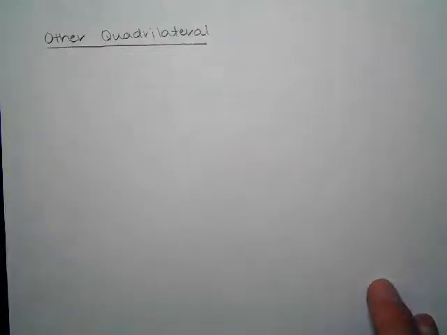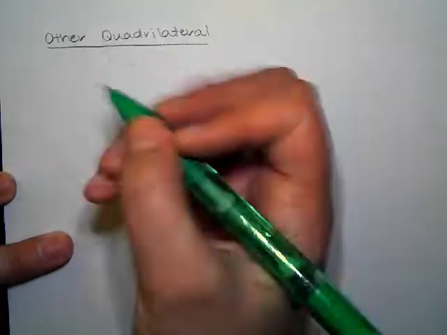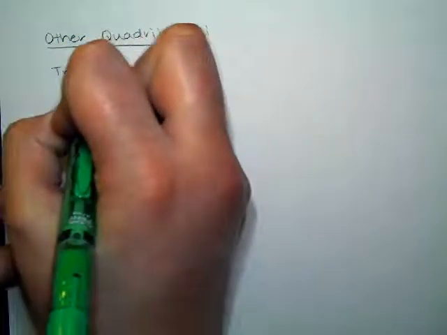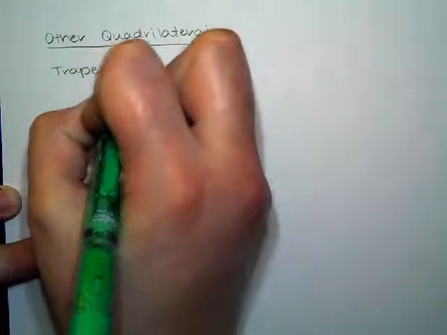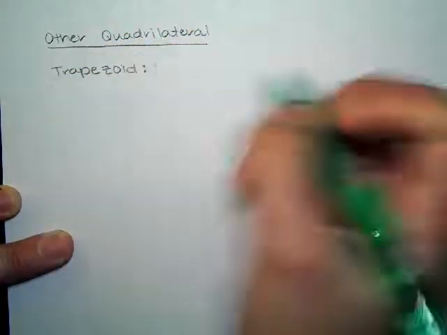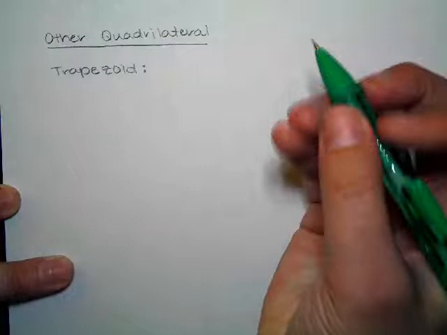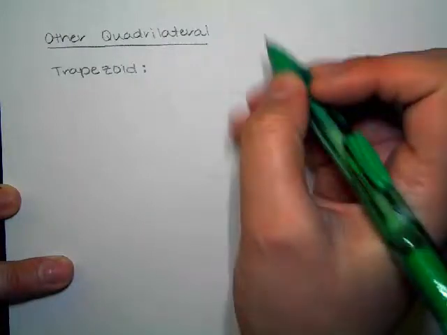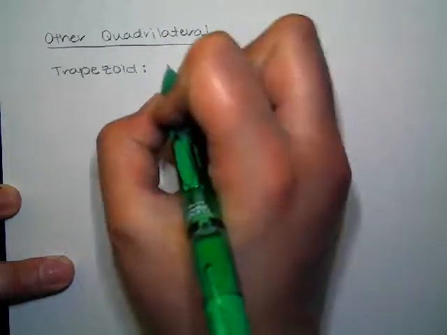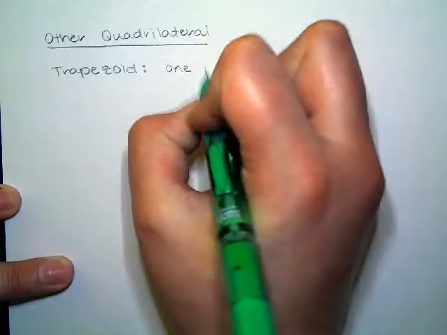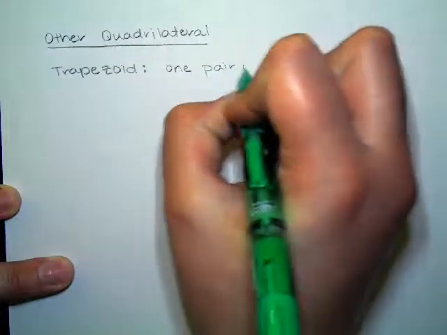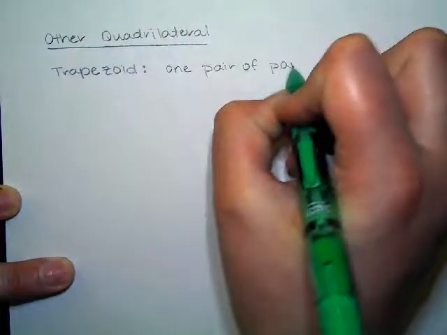Okay, so a trapezoid has one pair of parallel sides.